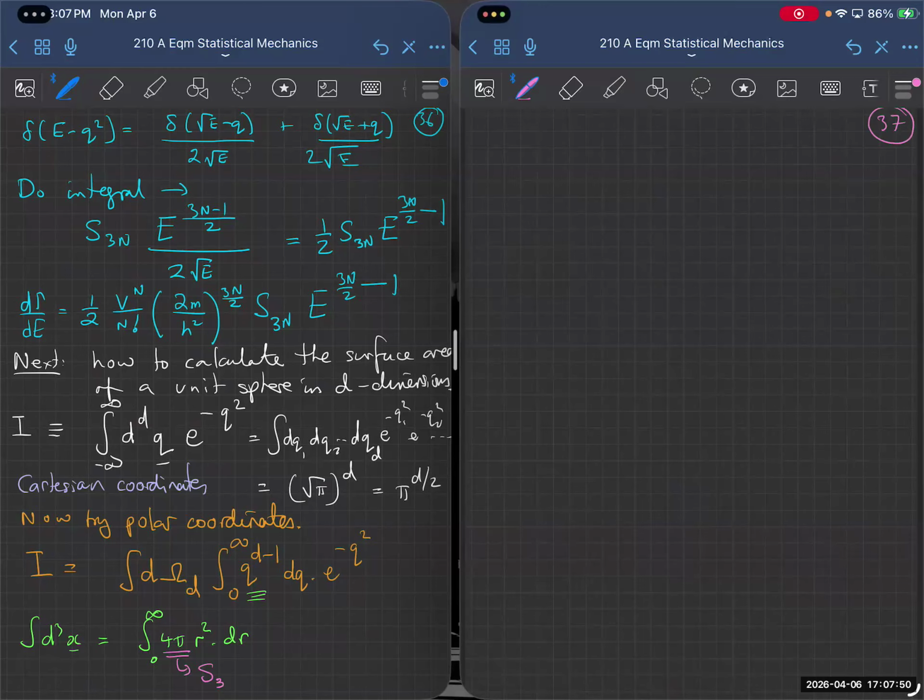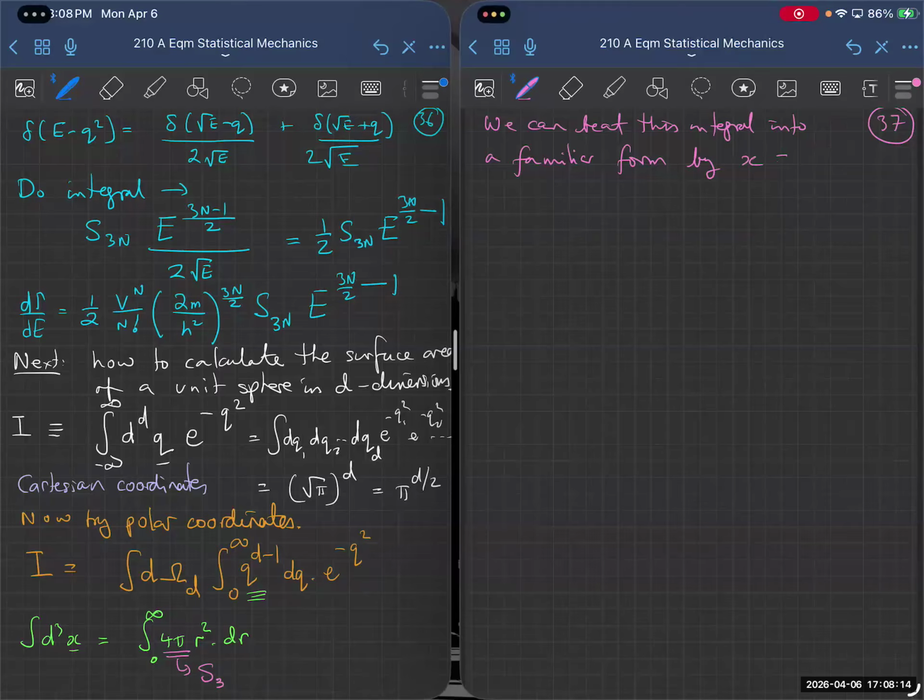So now let's have a look at how to do that integral. We can beat this integral into a familiar form by making x be the variable q squared. Why do I do that?